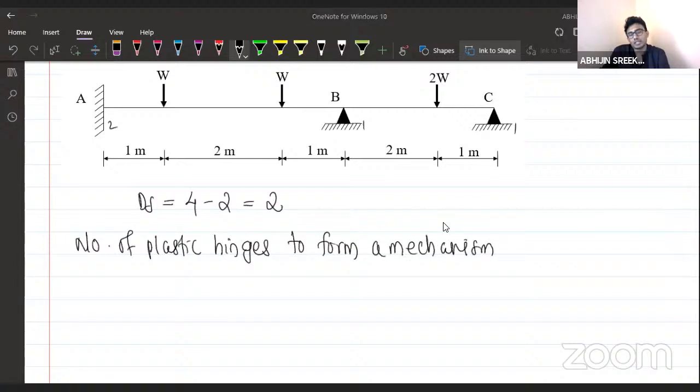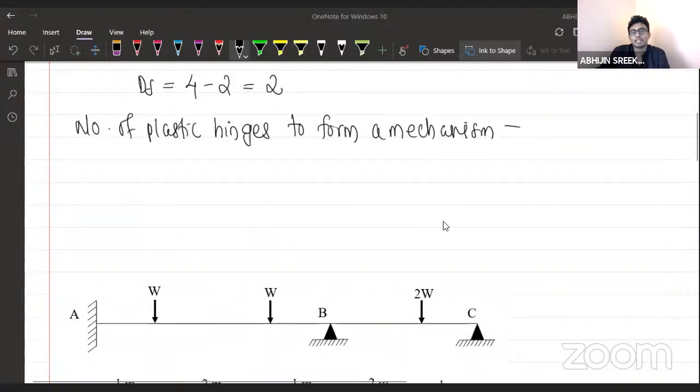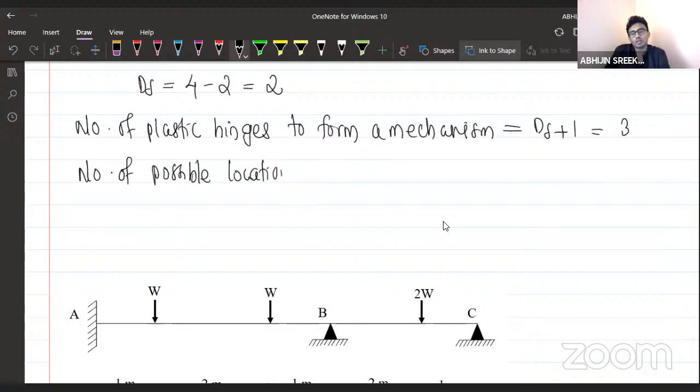Remember this, it will be equal to DS plus 1, which is equal to 3. And we need to calculate the number of possible locations of plastic hinges.